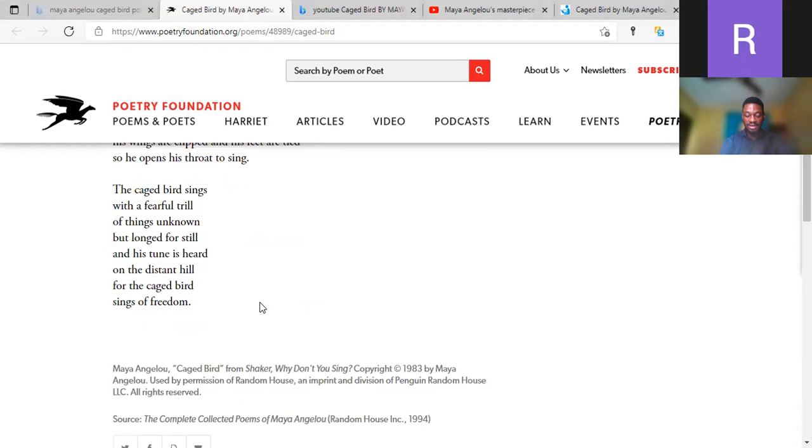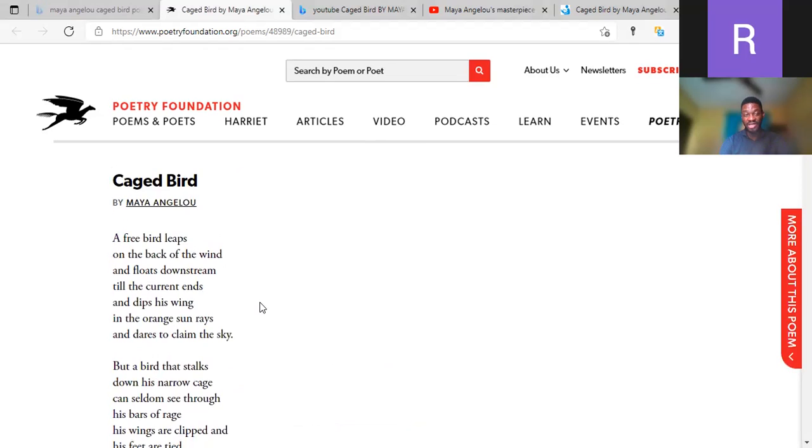Another element of literature that we can identify in this work is language. I can't believe I didn't start off with this, but obviously this is written in English, which is why I could read it with me, and you could understand what is being said. So the language here is English.